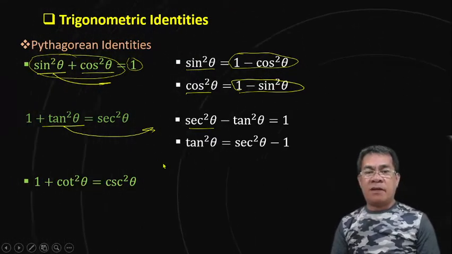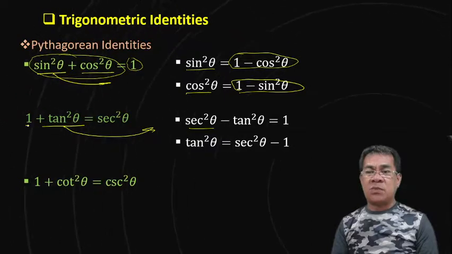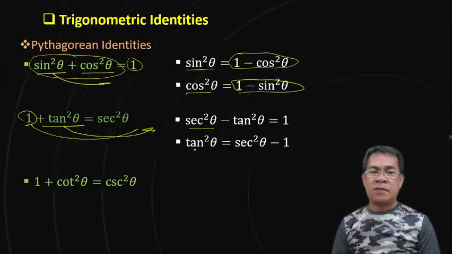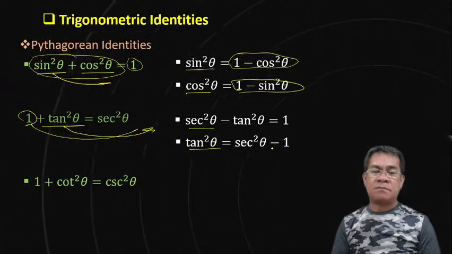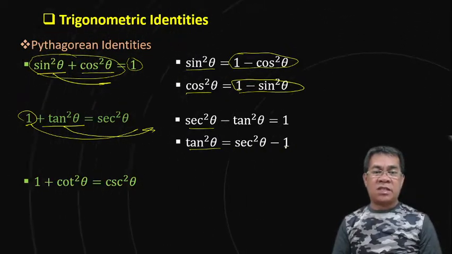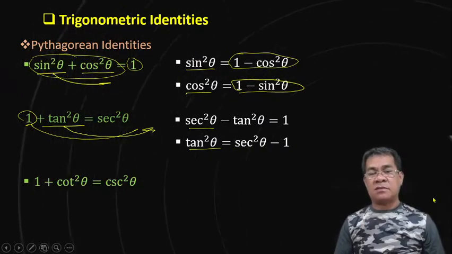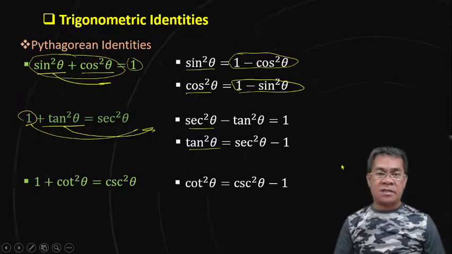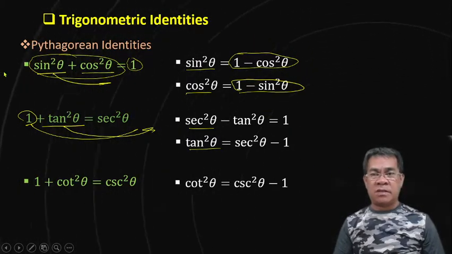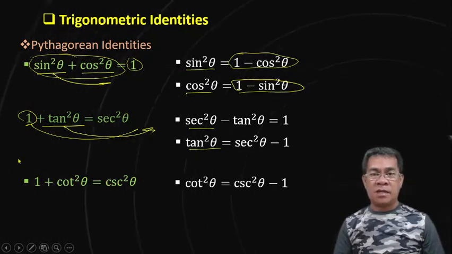Now, if we transpose this 1 to the right side, the result becomes the tangent square theta is equivalent to secant square theta minus 1. So we have another identity. You can notice that we form different identities from the three major identities.